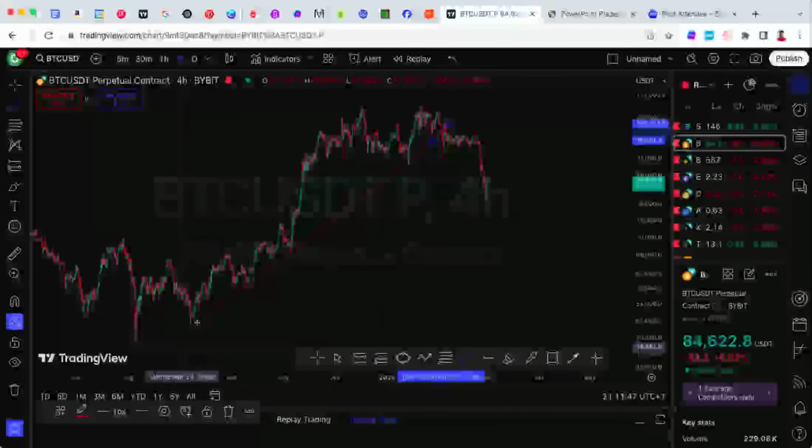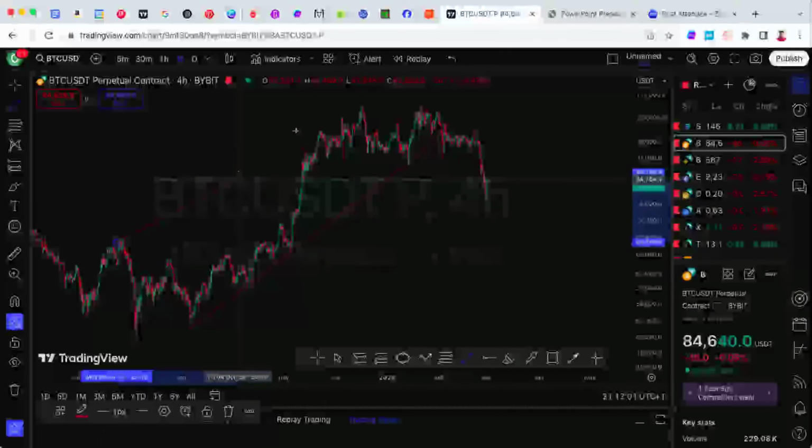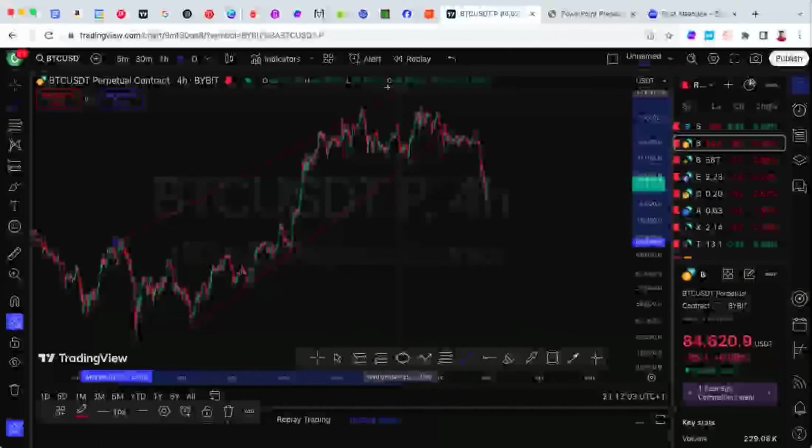For example, if I wanted to draw a channel here, we have this downtrend and this uptrend that we drew here, and then we want to draw a channel. I will draw another trend line above here, which is now creating a channel, right?